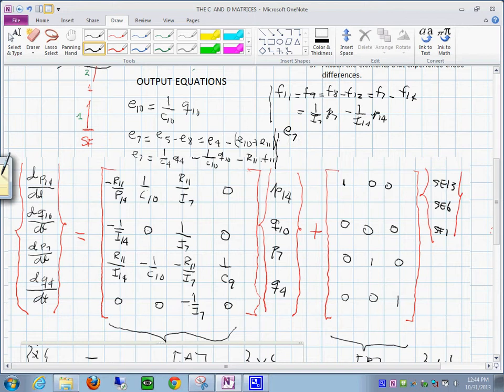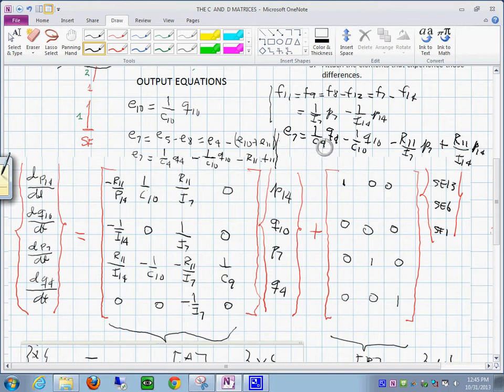So let's do that. E sub 7 then is equal to 1 over C sub 4 Q sub 4 minus 1 over C sub 10 Q sub 10, and then minus R11 times this, so it would be over I sub 7 P sub 7, and this other one would be minus times minus is plus R11 divided by I14 times P14.